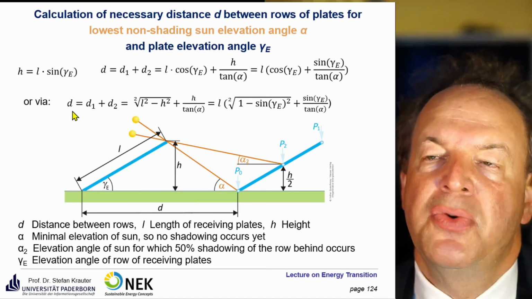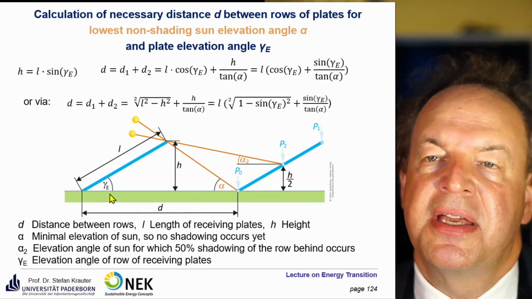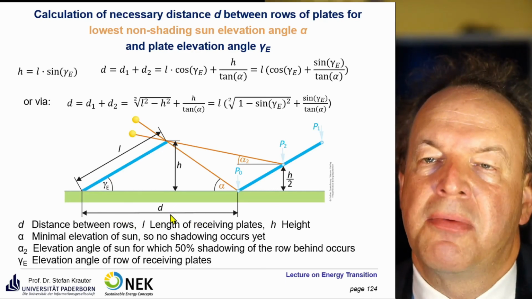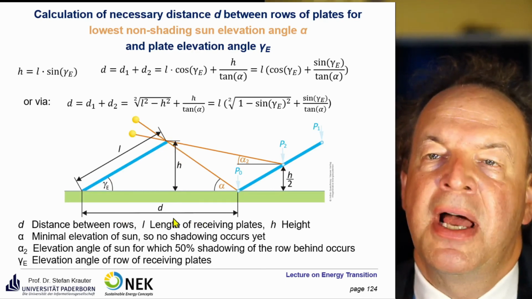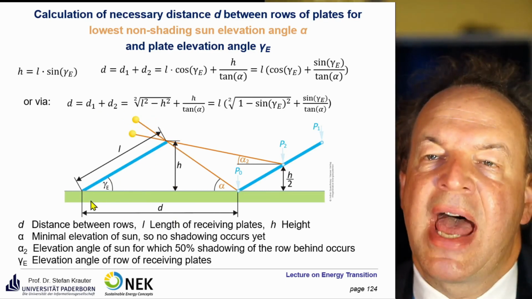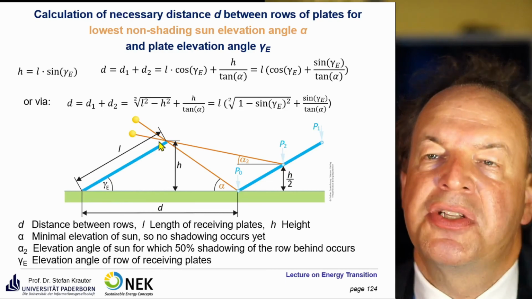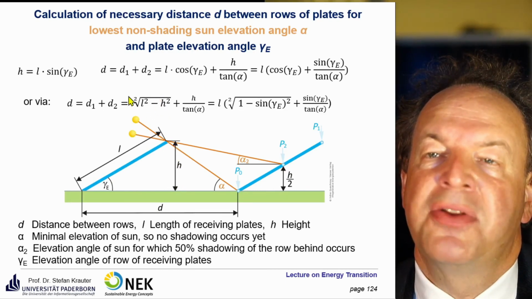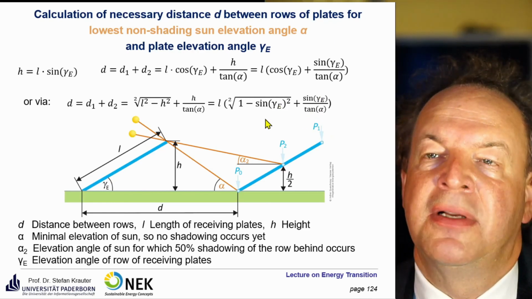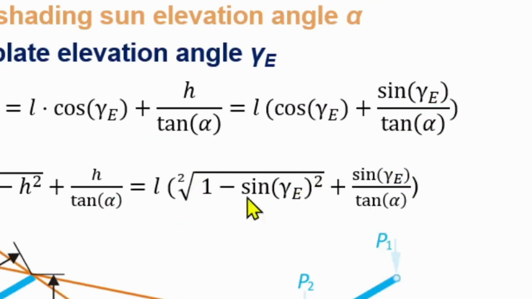Or you can use Pythagoras: d is d1 plus d2, and this is a rectangular triangle, so d1 is the square root of L squared, which is the hypotenuse, minus h squared. This is the same as here. Then you come to that formula. You can show here that this is equal to that.